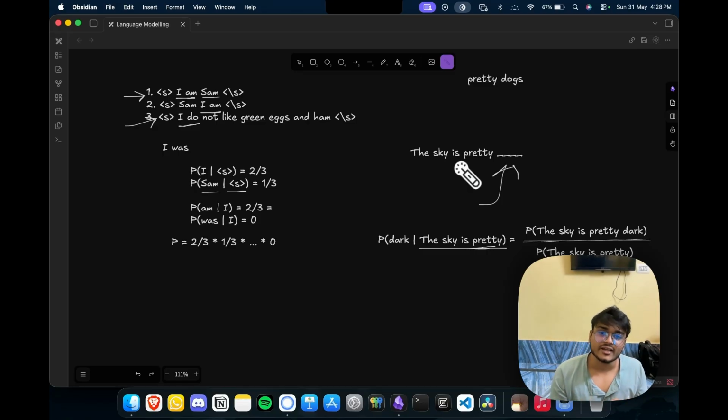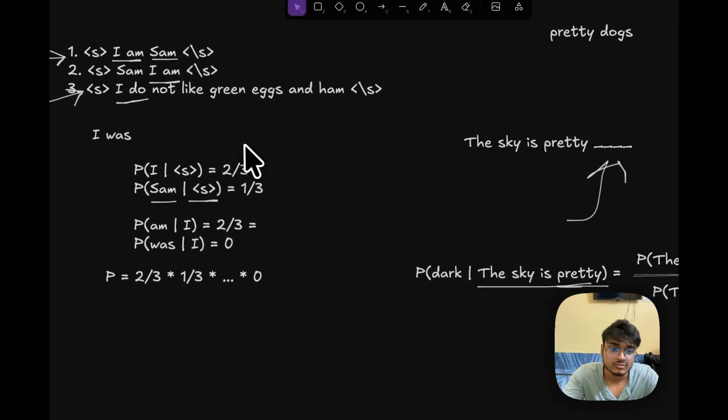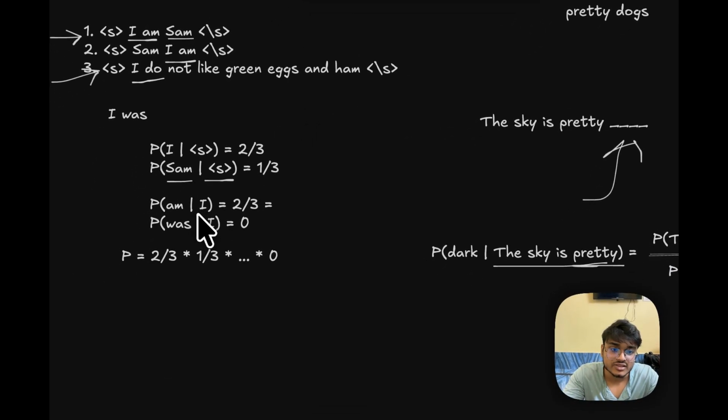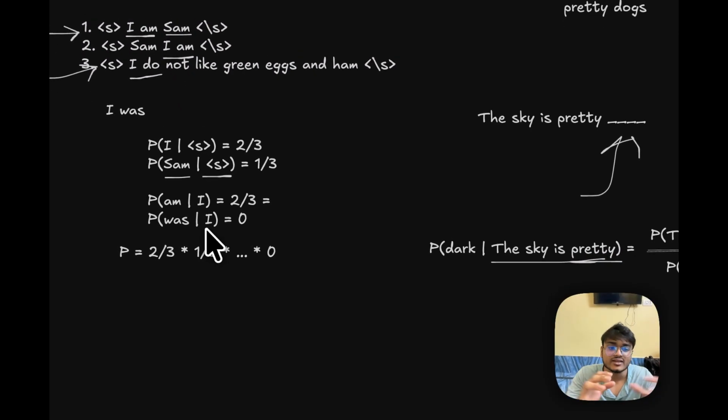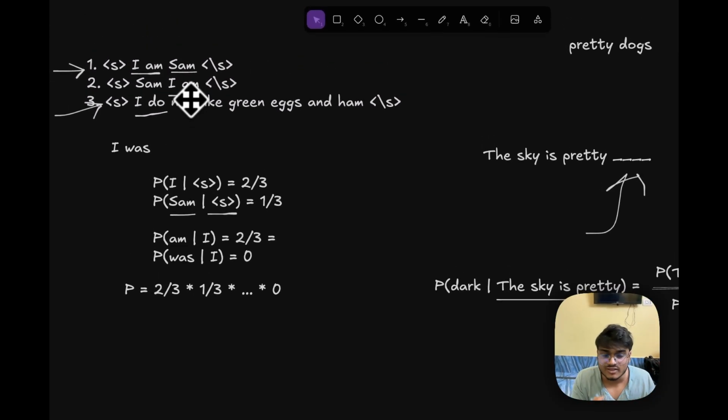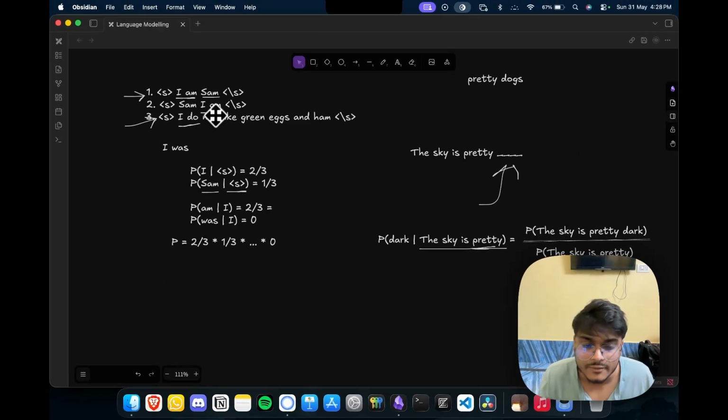But what if something does not exist in our dataset? Right here you can see that we have I, am and Sam. We calculated a whole thing, right?